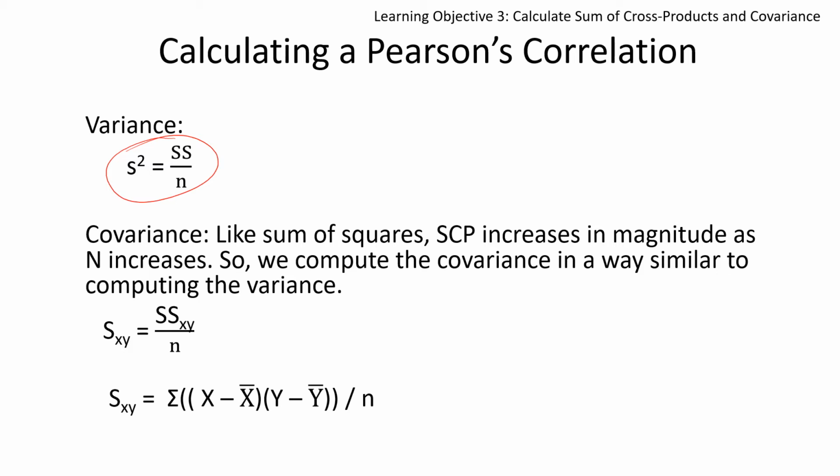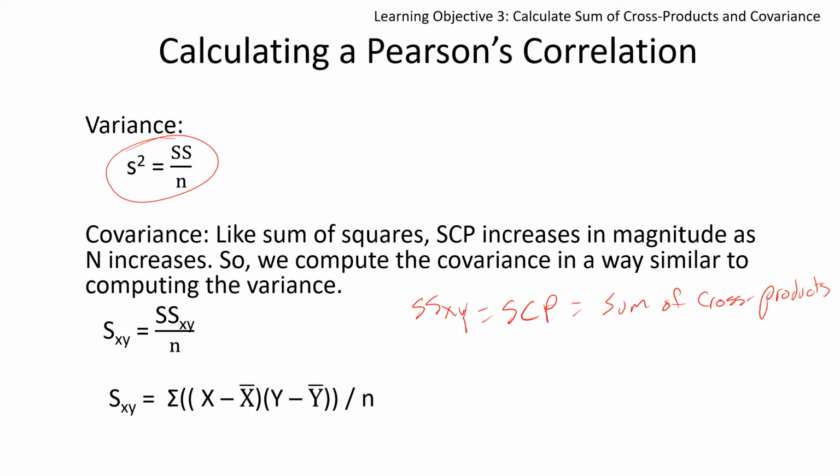Again, just like sum of squares, you recall I said sum of squares increases as n increases. So to control for that, we just divide it by n. We do the same with sum of cross products. It increases as n increases. So instead of dividing the sum of squares by n, we're dividing the sum of cross products, because again, SSXY from the previous slide is equal to the SCP, which is equal to the sum of cross products.